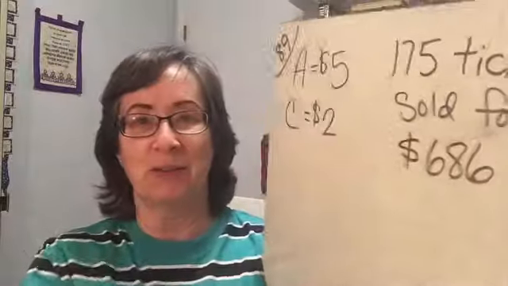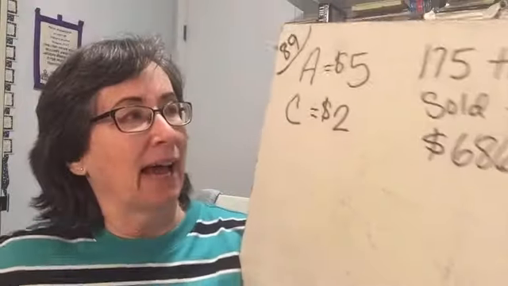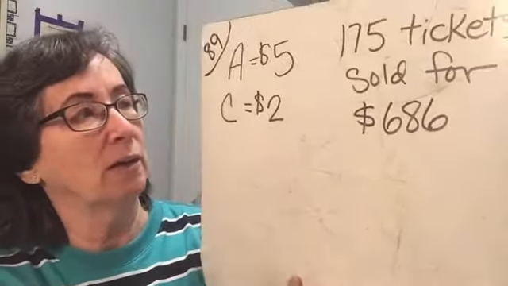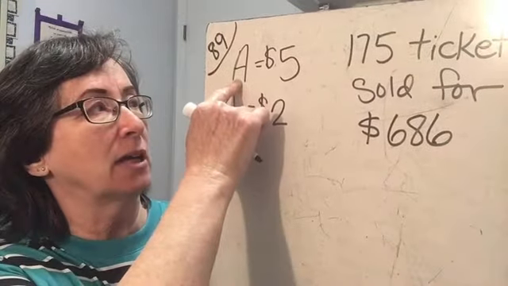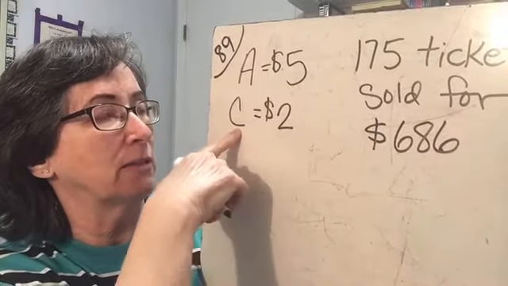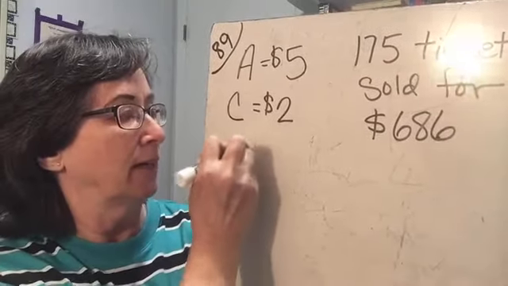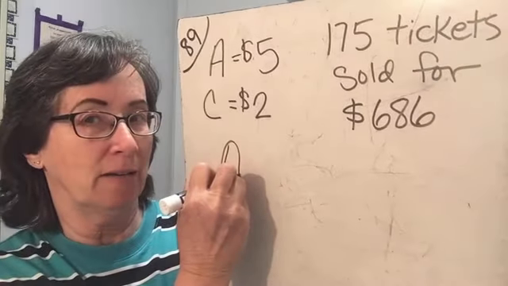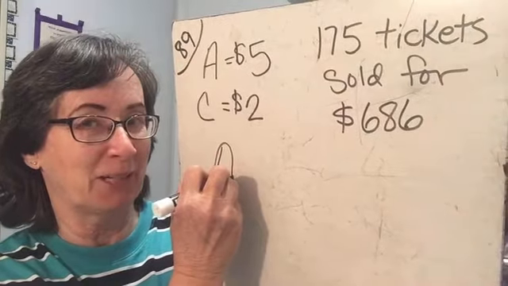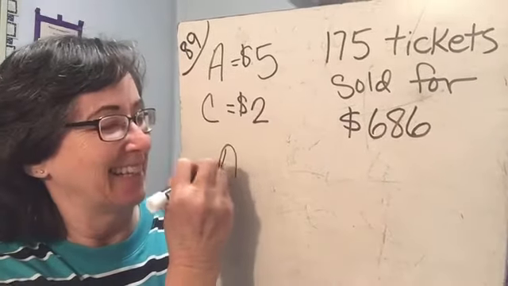Okay, so now we're going to figure this out. We know that the amount of adult tickets sold and the amount of children tickets sold altogether must equal 175. Did you pause your video? Don't let me do this for you. You need to go practice first.